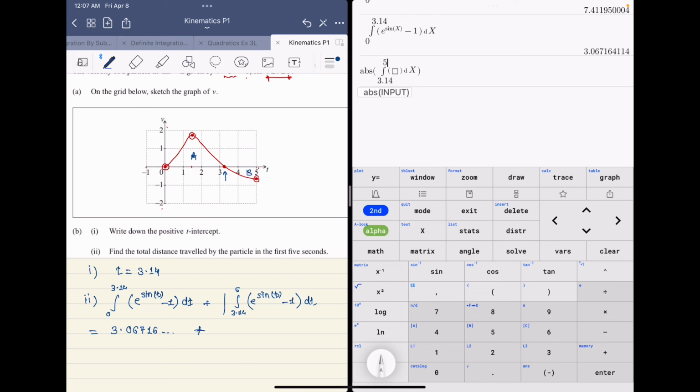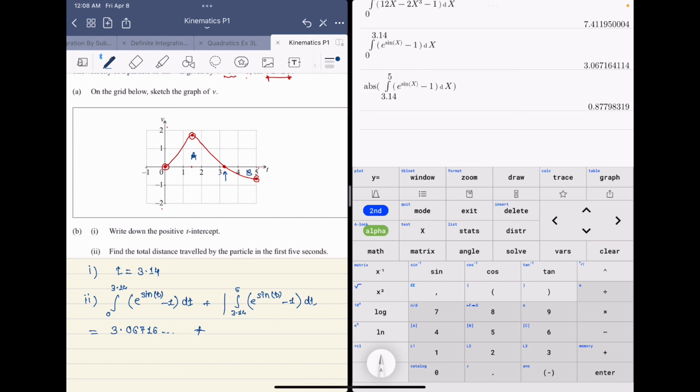Your upper limit is 5. Inside type your same function e raised to sine x minus 1 and enter. You will see the answer is 0.87798.